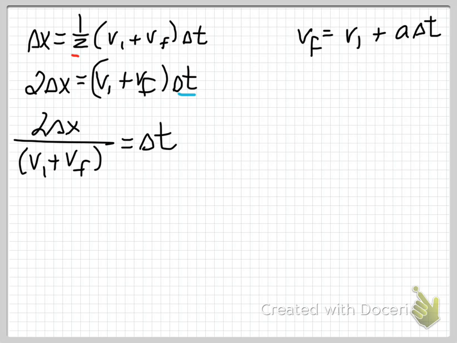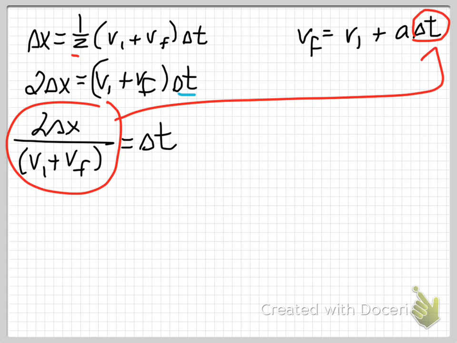Well, I noticed something right off. We have an expression for delta t, and we have a delta t. So if we're in a situation where we have a displacement, we have initial and final velocities and acceleration, but we actually don't have delta t, this gives us a tool for getting those other variables when we don't know our time.